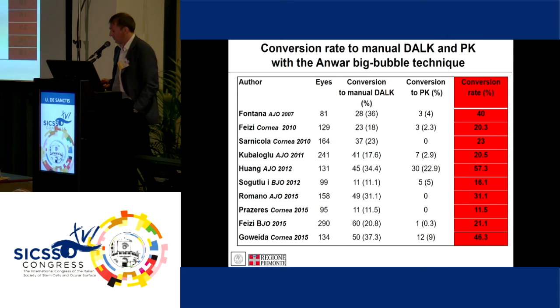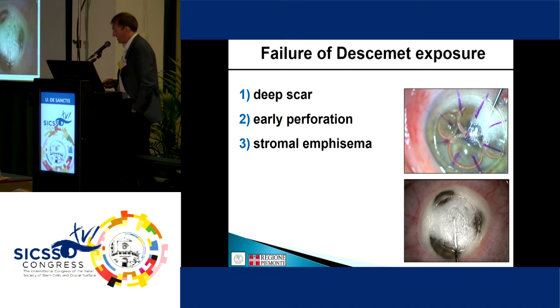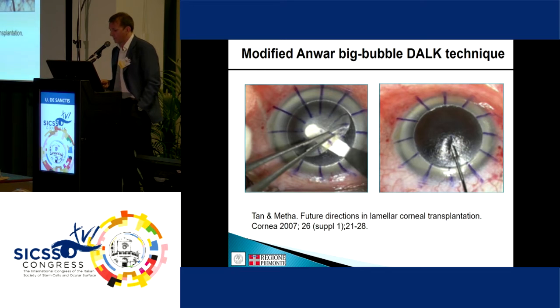And some studies also report rates as high as 40%. The presence of deep scars, early perforation of Descemet membrane, and stromal emphysema during forced air injection are the commonest causes of failure of Descemet exposure.